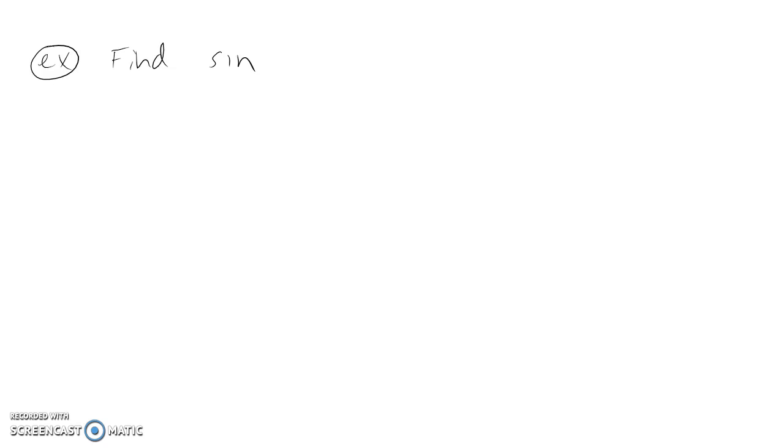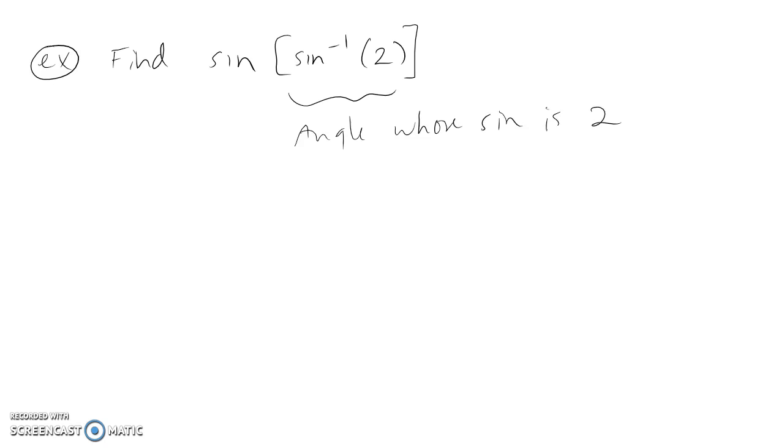Let's find sine of sine inverse of 2. So this is saying sine inverse of 2 is the angle whose sine is 2 in the interval negative pi over 2 to pi over 2, right?